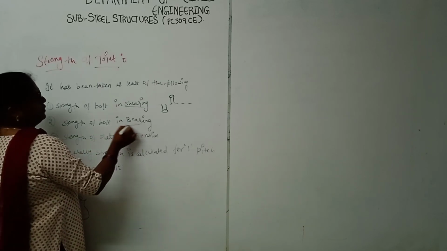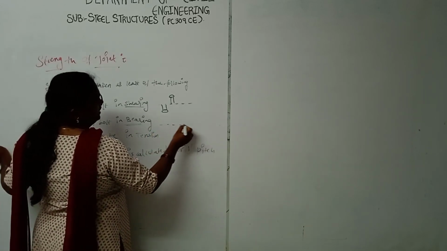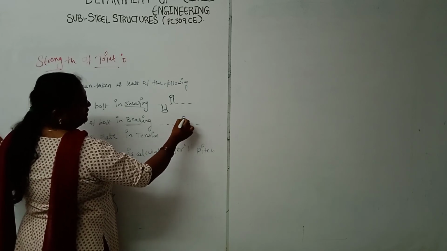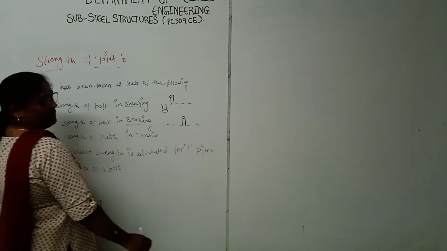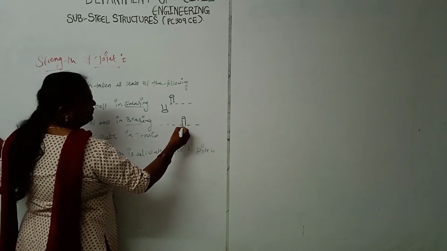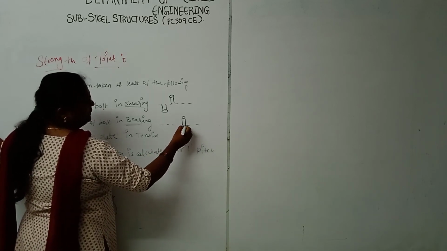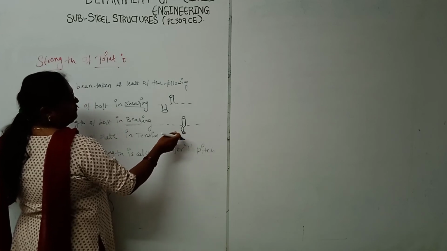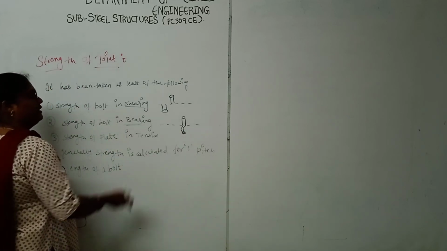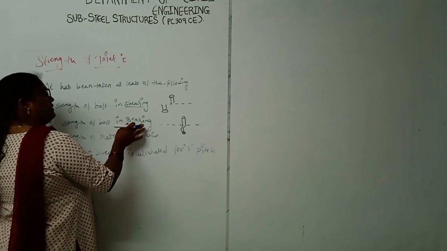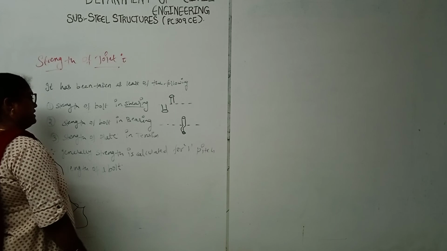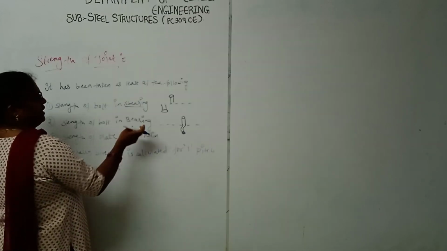Next one is the bolt in the bearing. Whenever the bearing comes into the picture, the circular shape of the bolt hole forms into an elliptical shape. For this we will be designing our strength of bolt against the bearing.